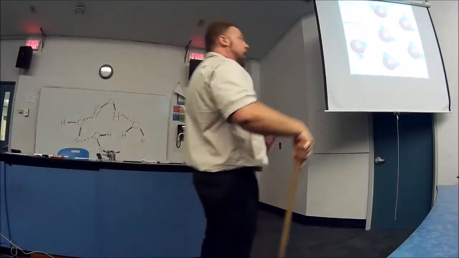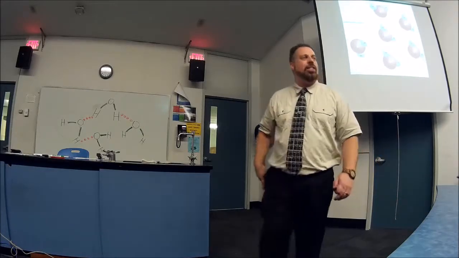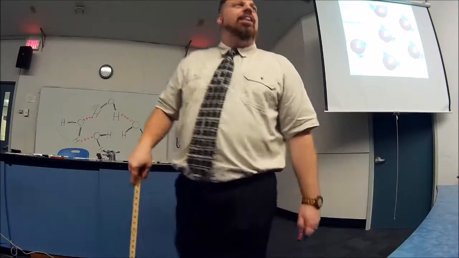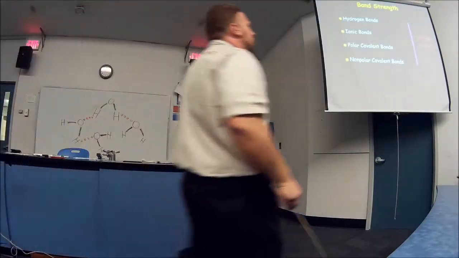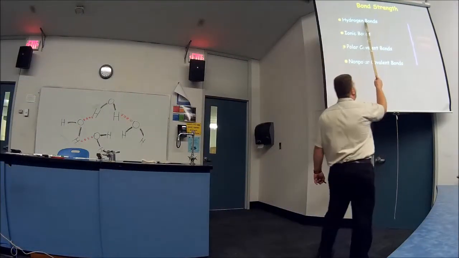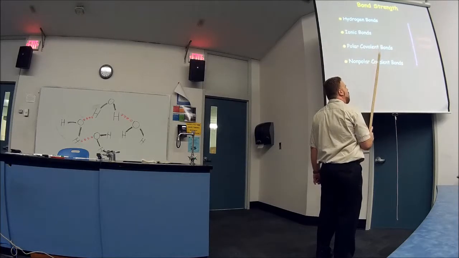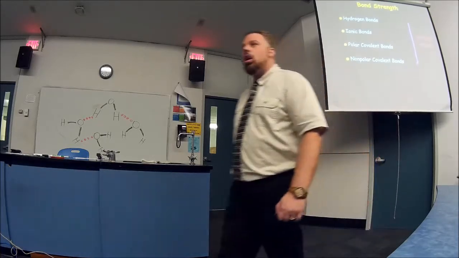And it could get really big, which is a whole chapter right after this. So for bond strength, hydrogen bonds are the weakest, then getting stronger is the ionic, then polar covalent bonds, and then nonpolar covalent bonds are the strongest. Hydrogen bonds are the weakest.